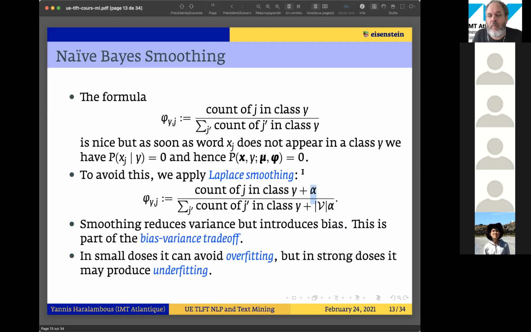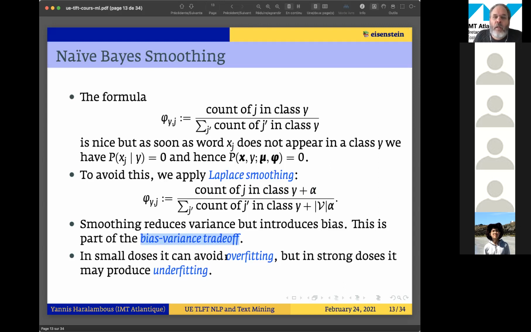And this is typically bias. So now we have less variance, but more bias. And it is a common problem that when you decrease one of the two, you increase the other. So machine learning is often a compromise between bias and variance.